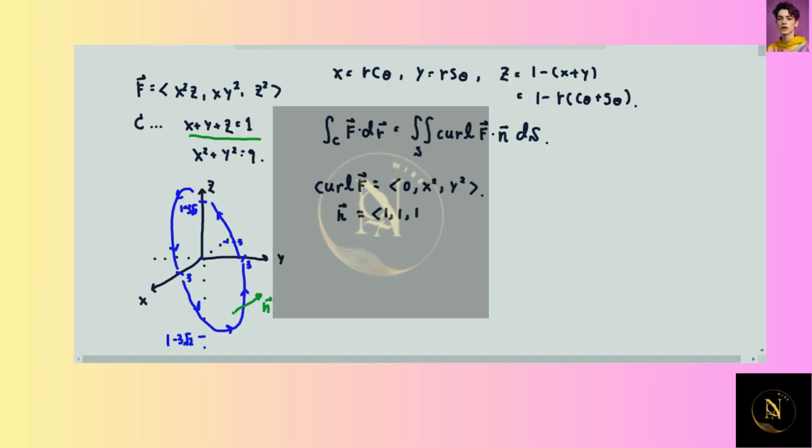So the dot product is going to be very simple here. Curl of F dot n will simply be the sum of x squared and y squared. So what we're going to evaluate is the double integral over S of x squared plus y squared.